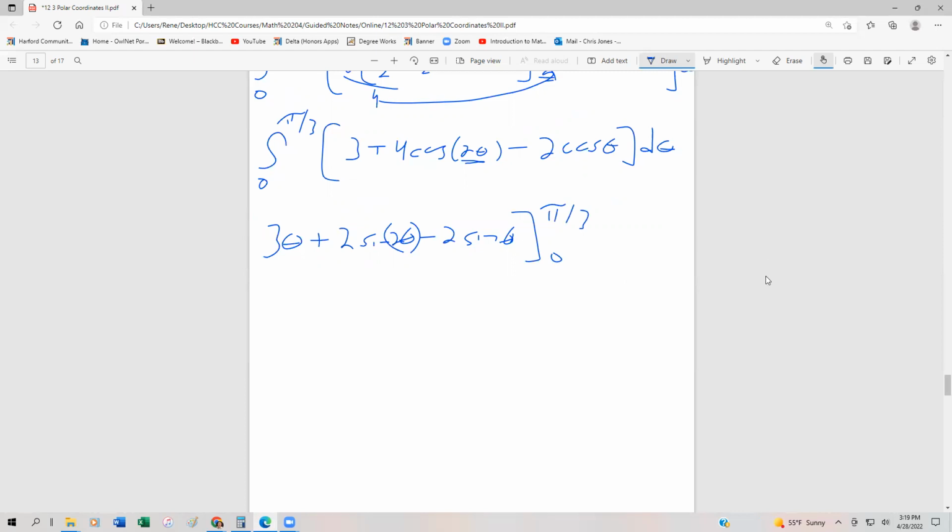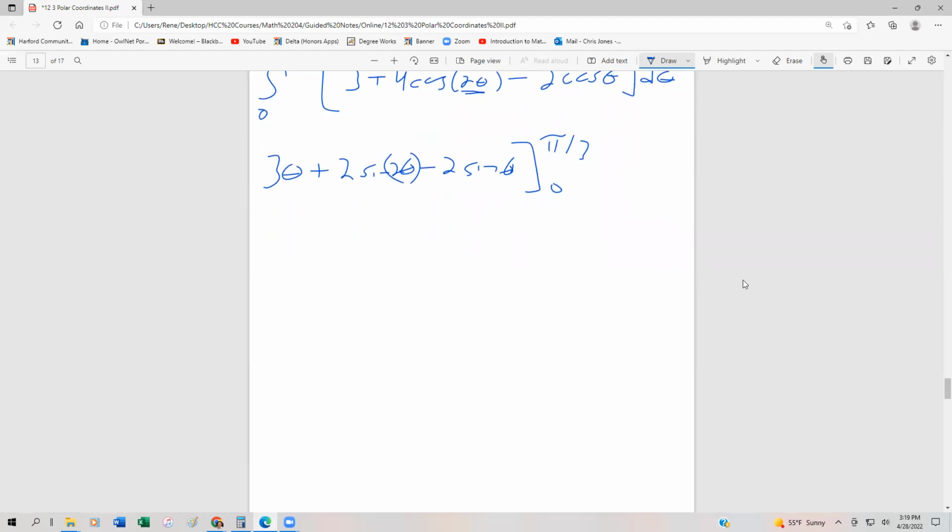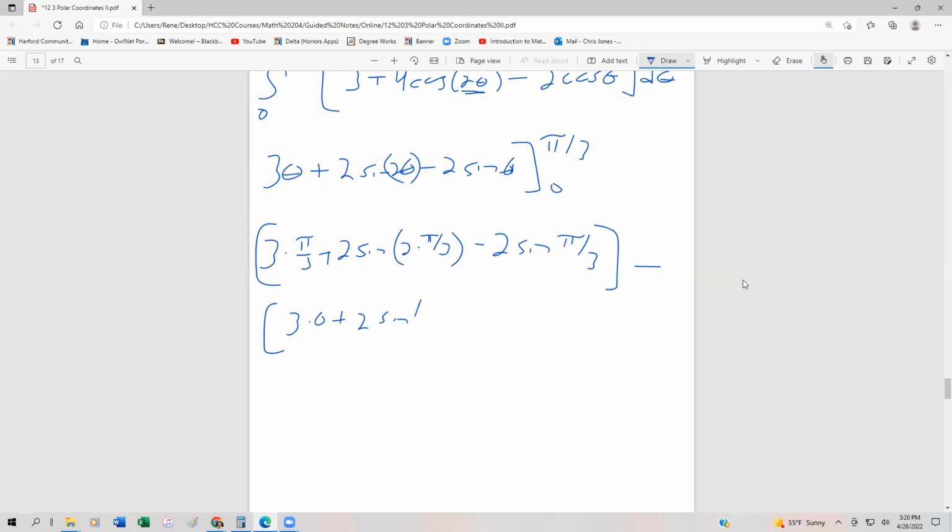All right, now we just substitute pi thirds back in. And so we're going to get 3 times pi thirds plus 2 sine of 2 times pi thirds minus 2 sine of pi thirds. And then we substitute 0 back in. So we get 3 times 0 plus 2 sine of 2 times 0 minus 2 sine of 0.